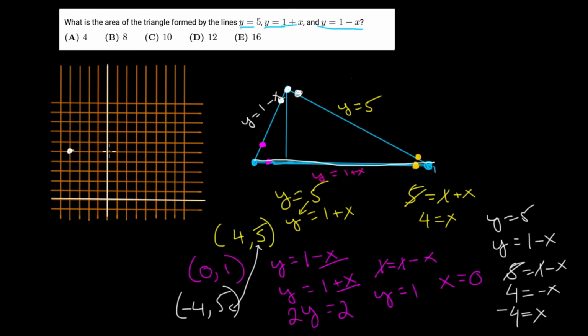Then we've got this one here, I'm going to do it in the same colors. And then we have 0, 1. We can see right away that 0, 1 is on the y-axis. This makes our job of finding the distance even easier, because it is right on the y-axis.